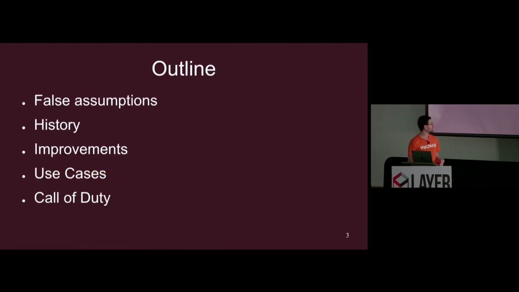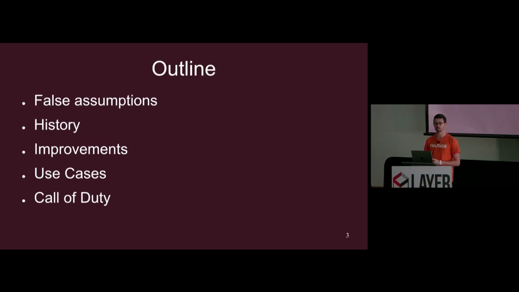So just to give a little bit of an outline about what we're gonna go over, I wanna start by talking about some false assumptions made about the way transactions in Bitcoin work very early on in Bitcoin that kind of set the course for the way wallet software worked.